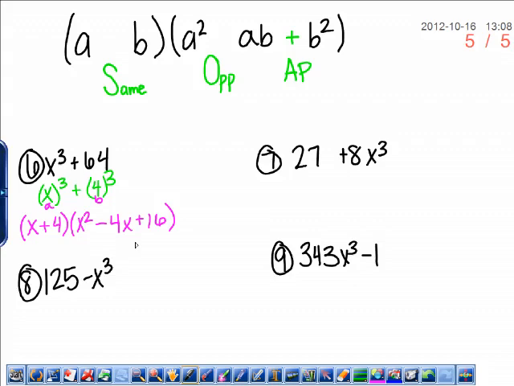All right, let's look at 7. 27 plus 8x cubed. What cubed gives me 27? What cubed gives me 8x cubed? 2x. All right, so A is 3 and B is 2x. All right, A is 3, same sign, plus B is 2x. A squared, what is 3 squared? 9.